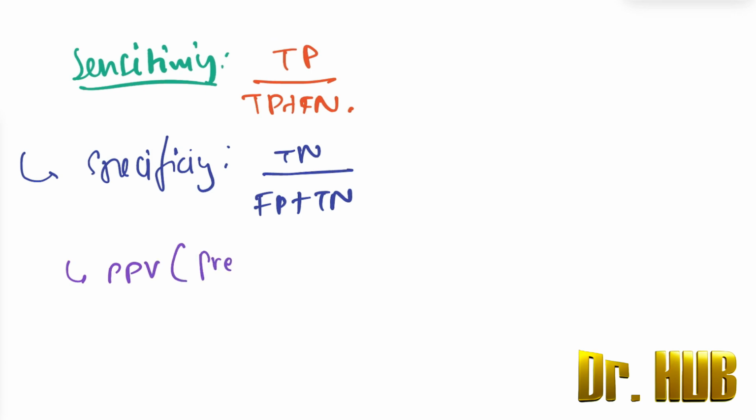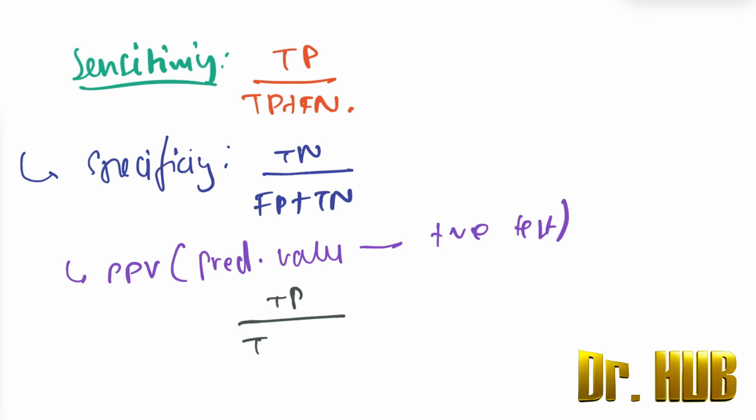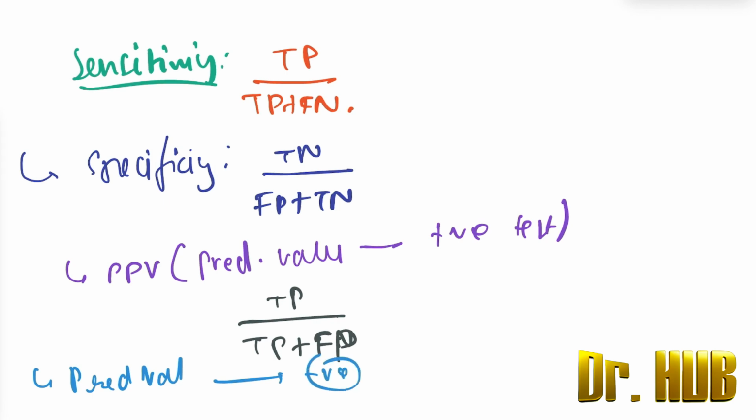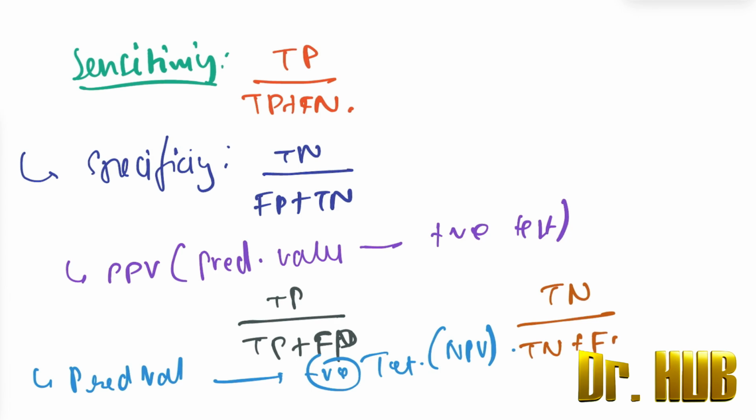PPV is the predictive value of a positive test. It is TP divided by TP plus FP, so everything is positive here. Then we move on to the predictive value of a negative test. This is NPV, and here it is TN divided by TN plus FN.